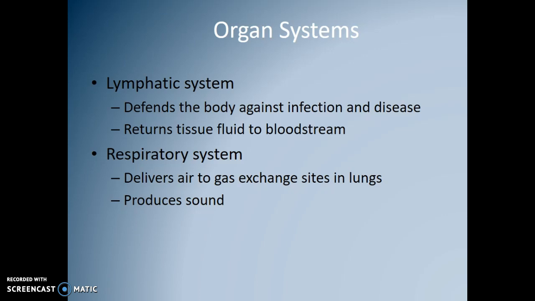The respiratory system delivers air. So there's an exchange of oxygen and carbon dioxide in the lungs, and then the oxygen is transported to the tissues, which is part of the cardiovascular system. The respiratory system is also important in producing sound.